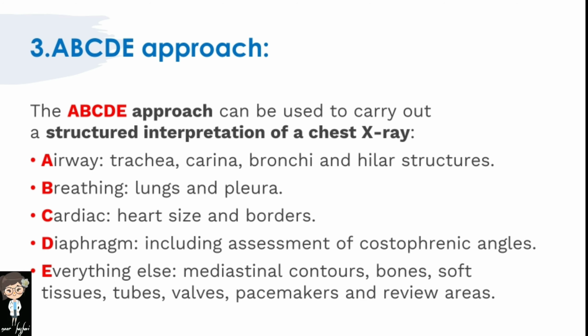B for breathing, comprising lungs and pleura. C stands for cardiac, comprising heart size and its borders. D stands for diaphragm, including assessment of costophrenic angles. E stands for everything else, comprising mediastinal contours, bones, soft tissues, tubes, valves, pacemaker and review areas.